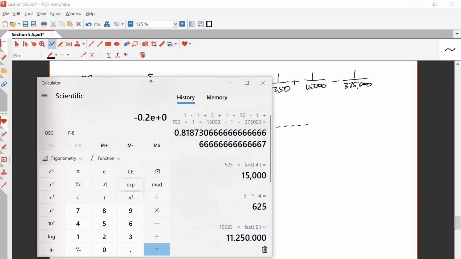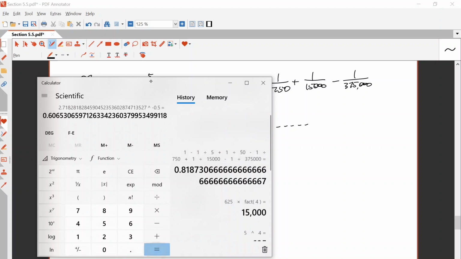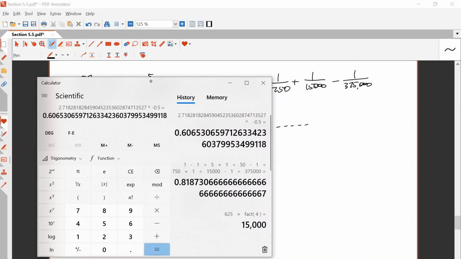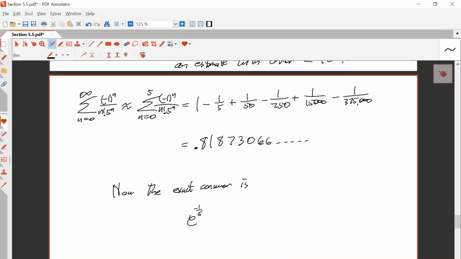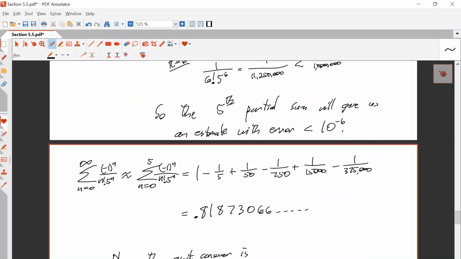Oh, that's not it. How does this work? So there's e. 0.5 negative. So 0.606 will happen. So that is e to the minus 1/5.